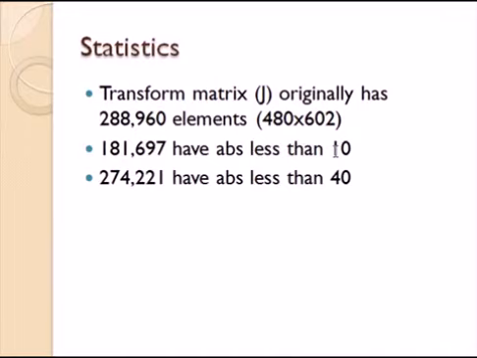So in the first compression, I throw out 180,000 of the 290,000 frequencies, and then in the last one, when I throw out those less than 40, I throw out 274,000. So I'm only keeping 14 or 15,000 pixels out of 300,000. So there's not much there. If I get a good picture out of that, then I've done quite a bit with compression.